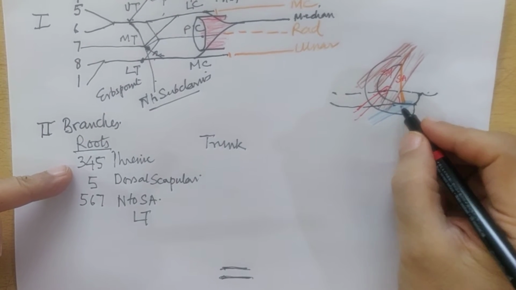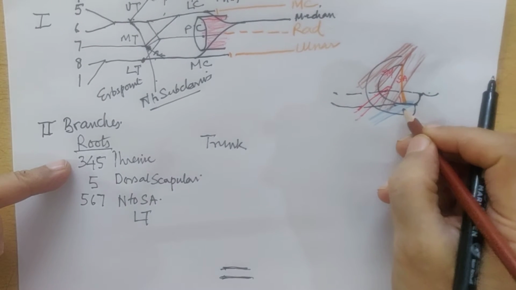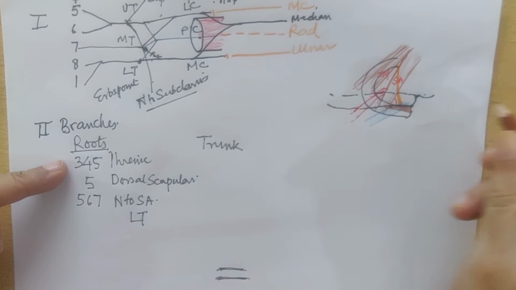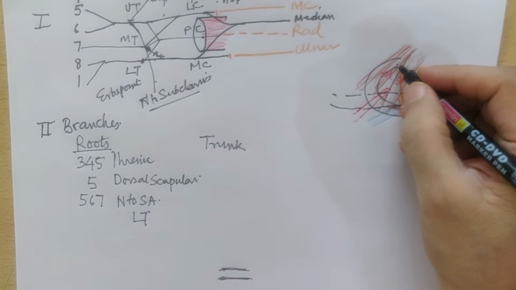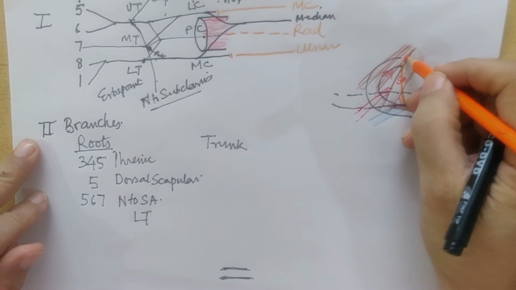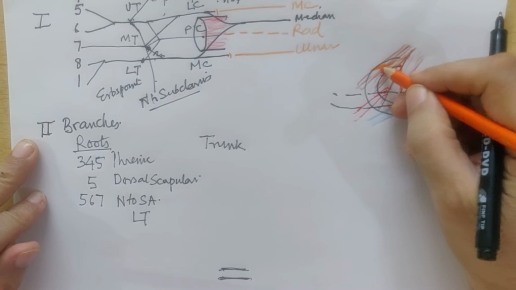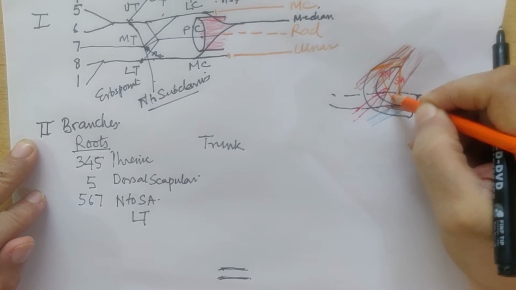Now connecting the clavicle to the sternum is a muscle which is called subclavius. So this nerve originating from the upper trunk comes and supplies the subclavius, but it doesn't do this only.